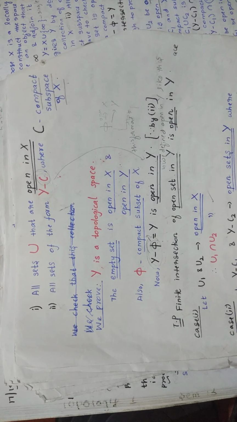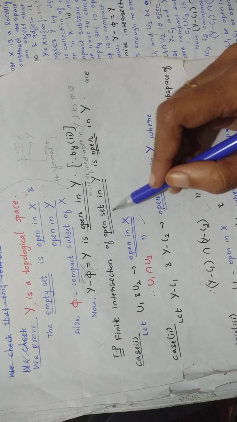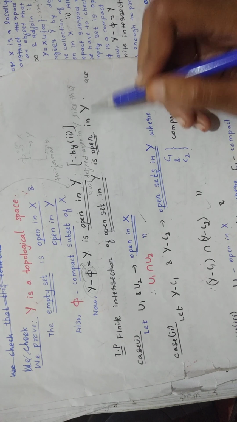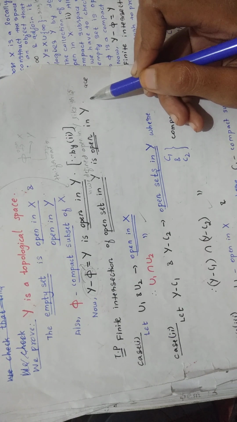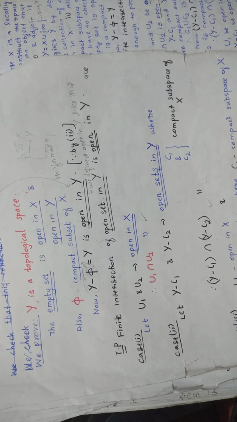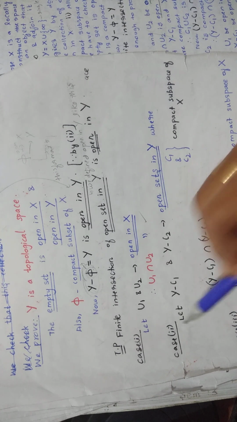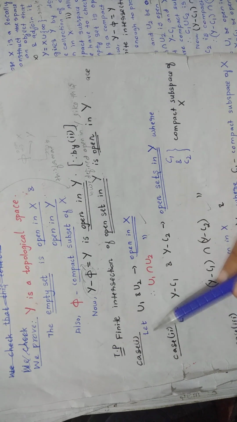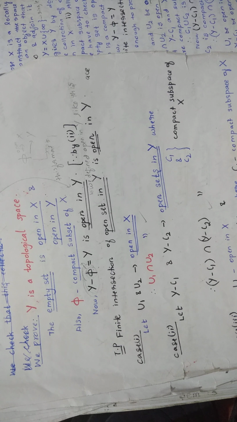Is that clear? Now let's prove finite intersection of open sets in Y is open in Y. Shall we? To prove this, you have three cases: case 1, case 2, case 3. In case 1, you are taking two sets, U1 and U2.